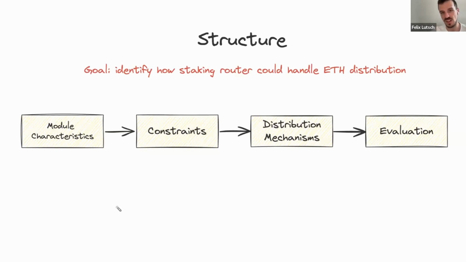In the end, the distribution method used to distribute ETH to the different modules should reflect these goals. So I'm trying to build a framework and identify the elements of these goals, and then see how certain methods meet these criteria.